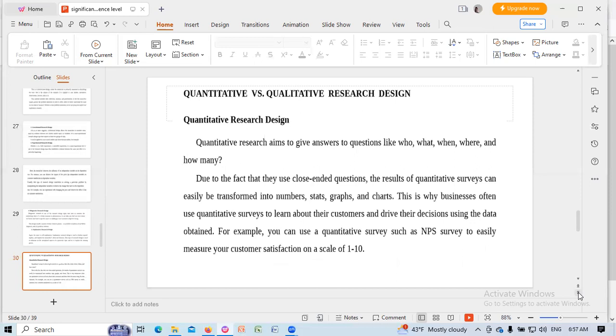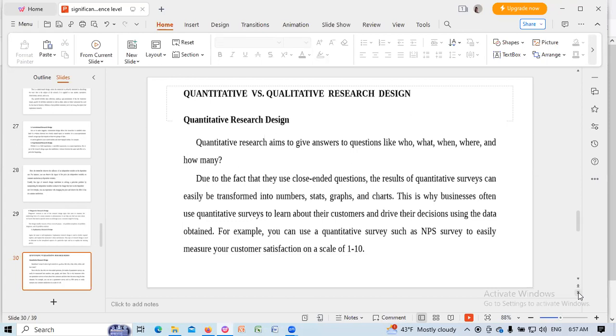Difference between qualitative and quantitative research design. Quantitative research design gives answers to questions like who, what, when, where, and how many.